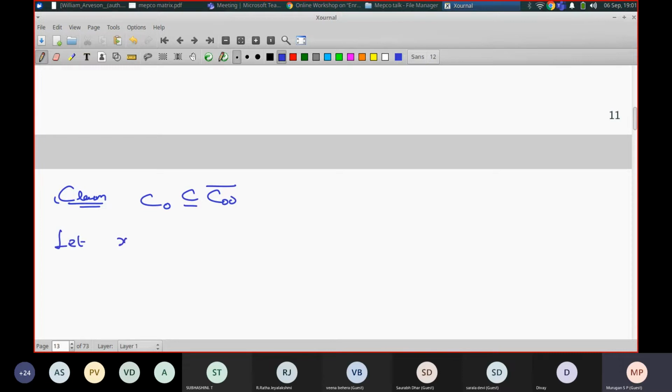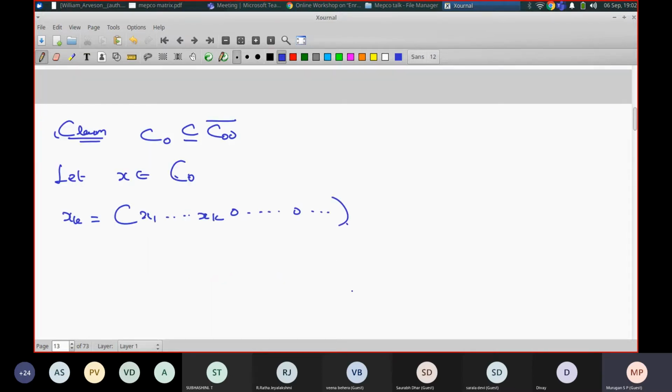It is very easy. You take an x belonging to c_0, then consider the sequence x_k. You can take the first k terms, others are 0. For each positive integer k belonging to N, you can define x_k, right? Again, what is the norm of x_k minus x? This is nothing but the same trick, whatever we have done in the previous one.